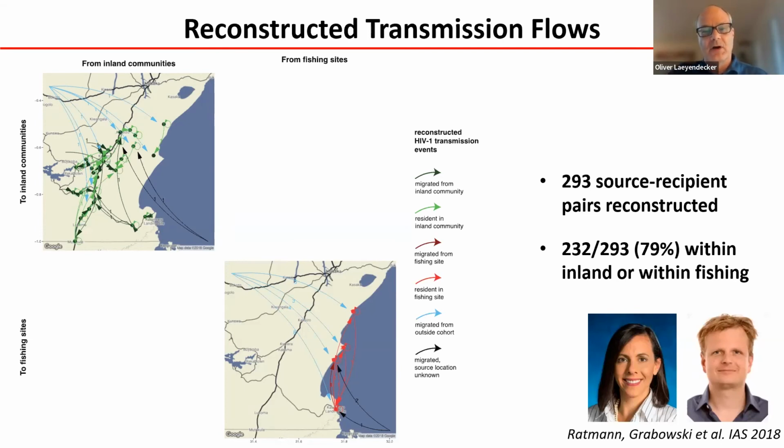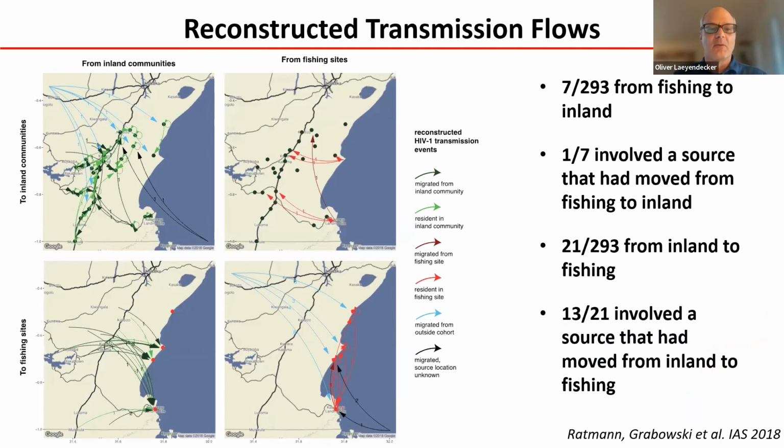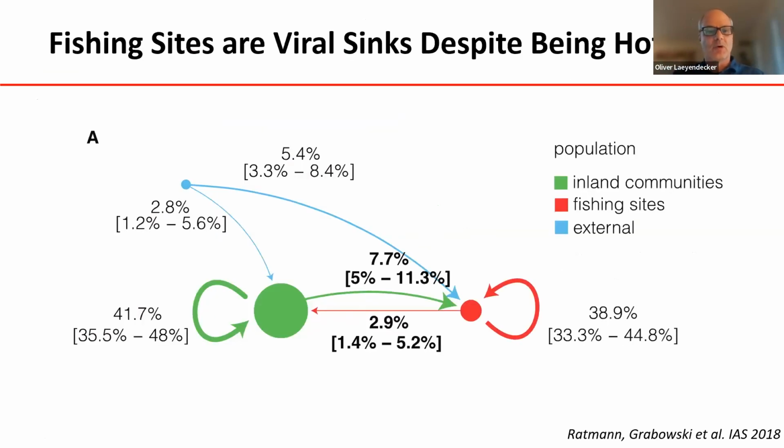And what they saw was that there was far more transmission both within the fishing villages and within the farming villages than really between the two. And that when you're looking at farming to fishing and fishing to farming, you're actually getting much more of the transmission going from the inland communities, here marked in green, than from the fishing communities, here in red, going to green.